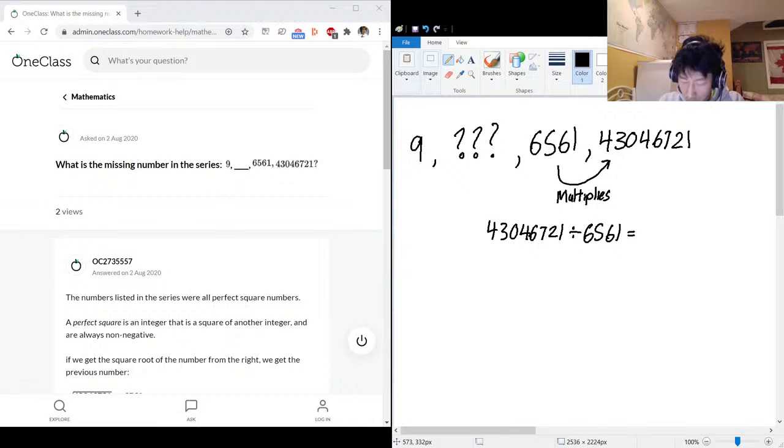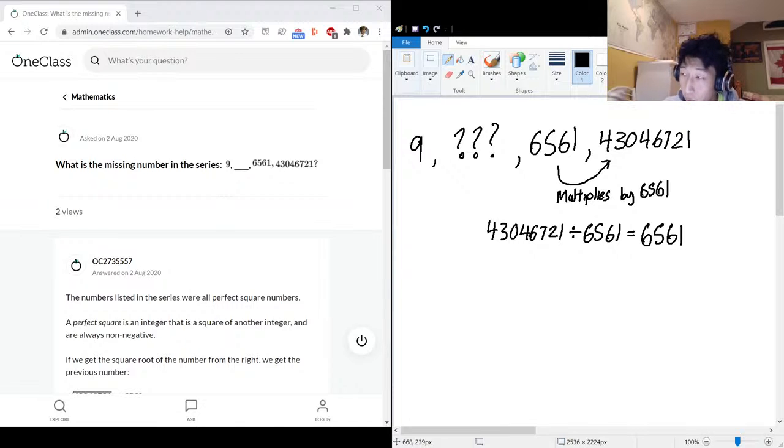And the answer is 6561. That's a familiar looking number. It's almost like maybe the rule is that the current term is the previous term squared. If that was true, that means the missing term would be 9 times 9, and the missing term would also be the square root of 6561.